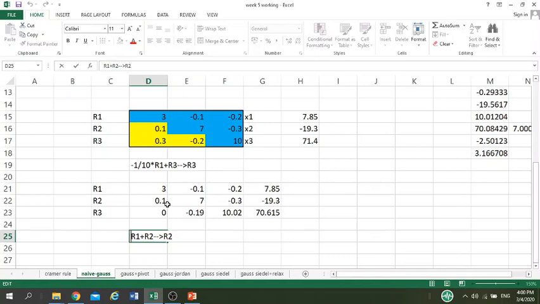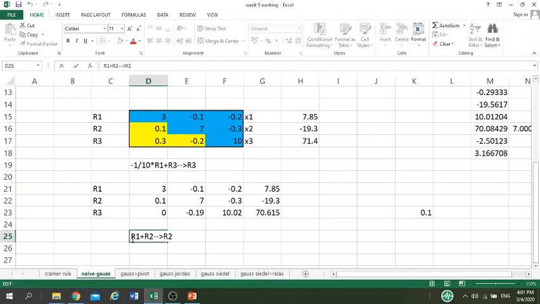So what I can do is, let's say 3 divided by 15. Okay, 30.